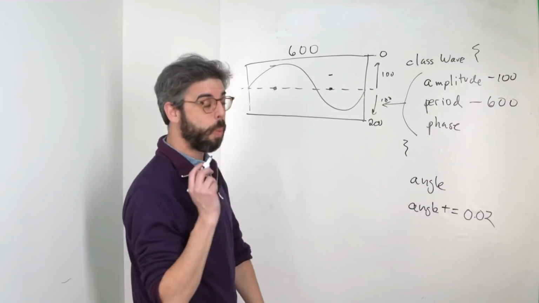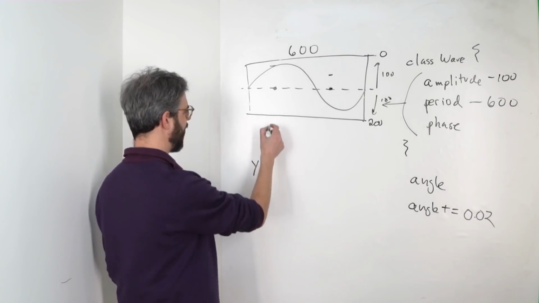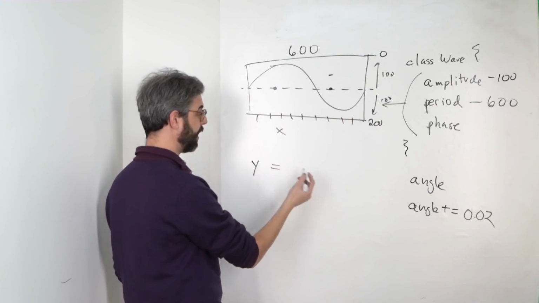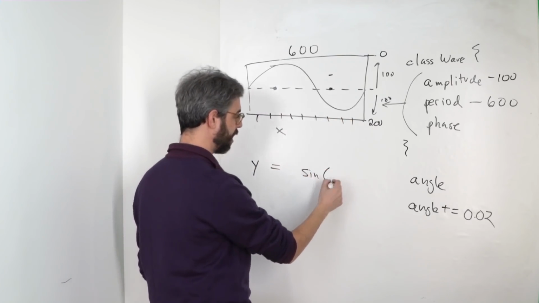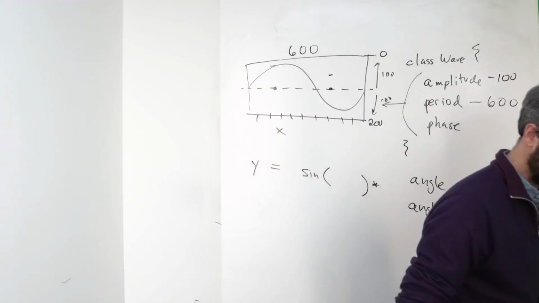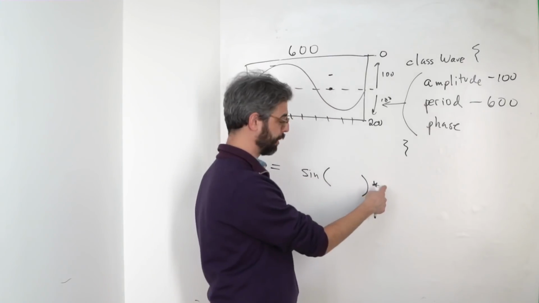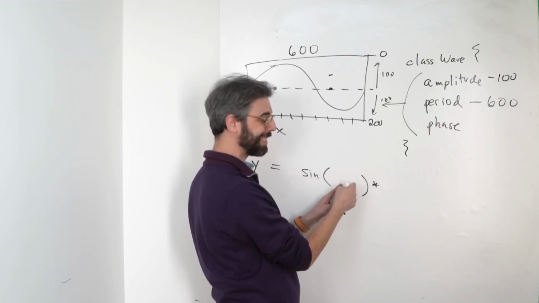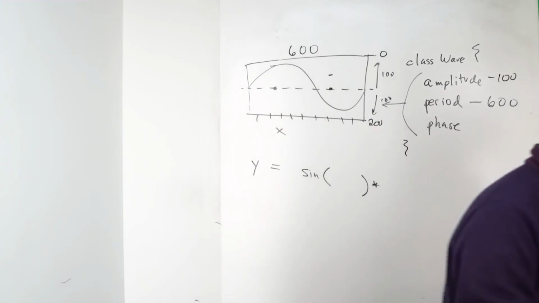So y for any given x is going to be sine of something. The easy part here is probably times amplitude. And actually, I know for a fact that I'm going to need a lot of space in between these parentheses, so I'm going to redraw the way I'm doing that.